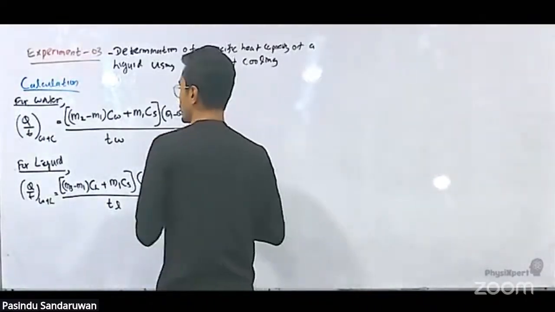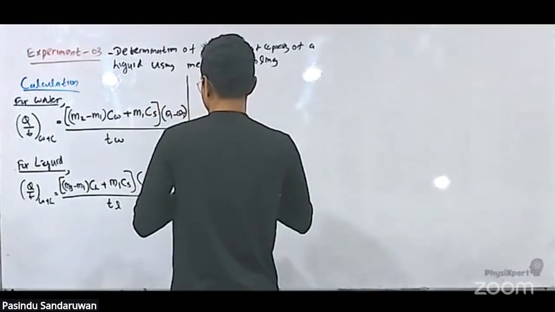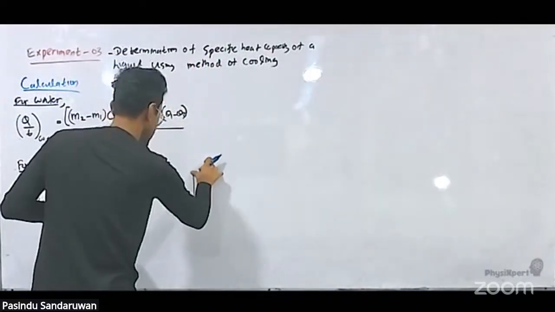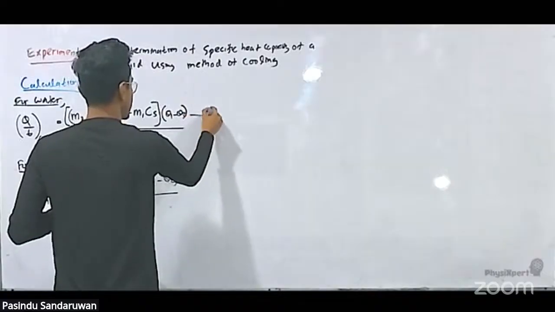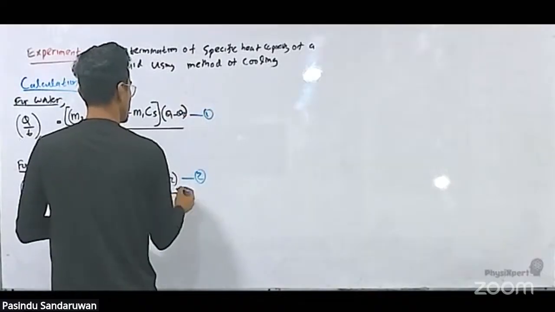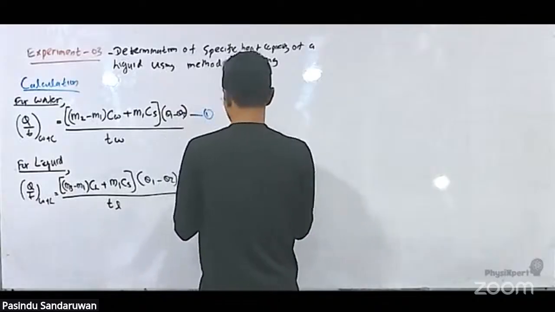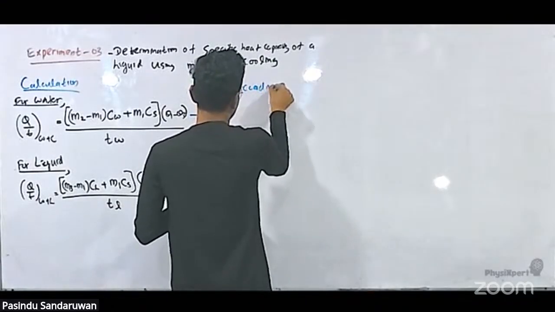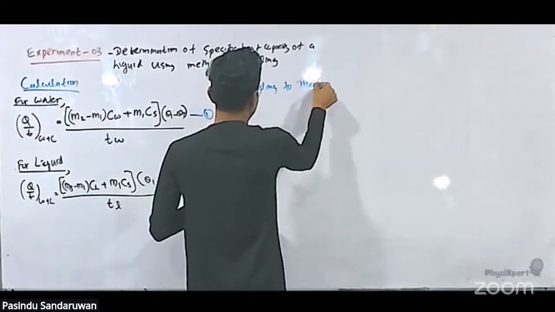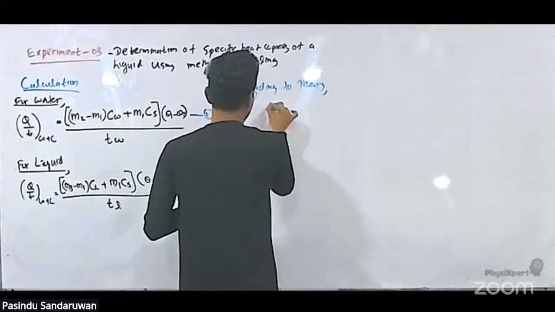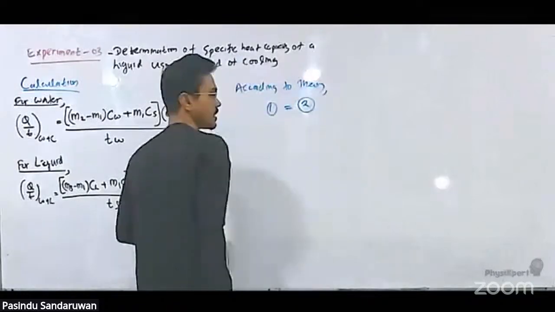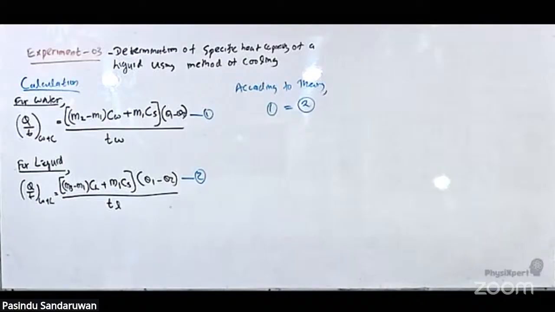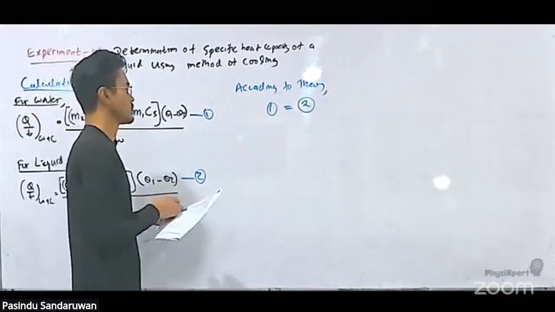Right, write down. Label this as equation 1. Label this as equation 2. According to theory, 1 equals 2. Equate these two.